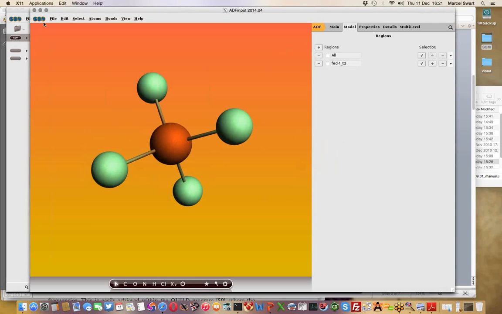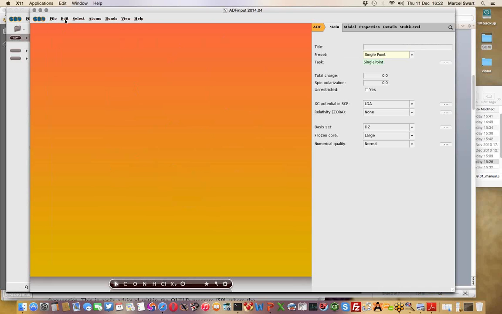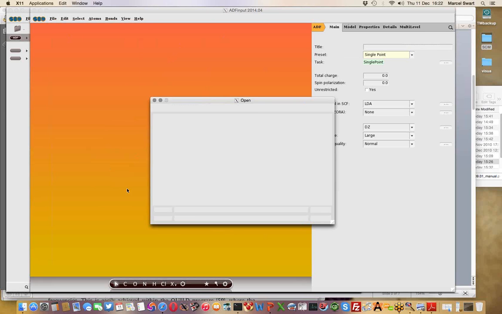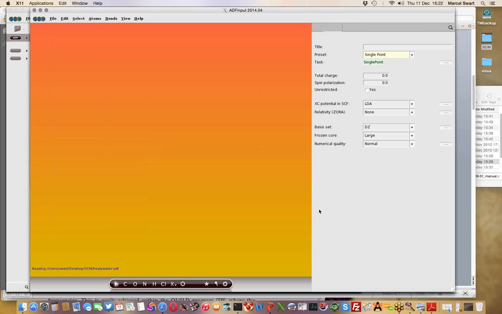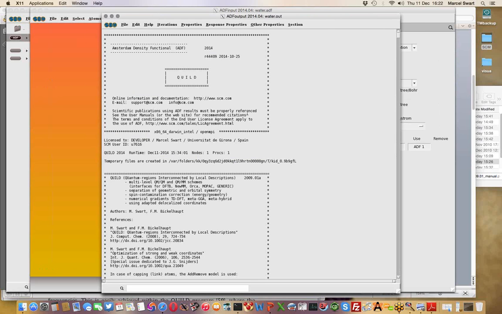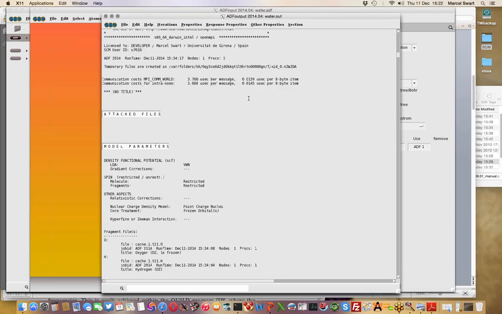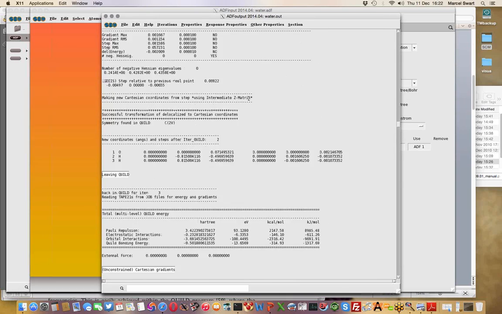Then what you can also do is frequencies, and the good thing of frequencies within QUILD is when you do the frequencies, so I just ran an example of water. You first optimize the geometry, you get the output of QUILD.